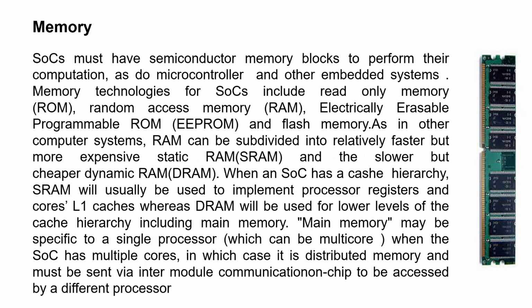As we have seen further, RAM can be divided into two types: static RAM, which is fast and expensive, and dynamic RAM, which is slower than static RAM but cheaper. A system on chip may or may not follow a memory hierarchy.